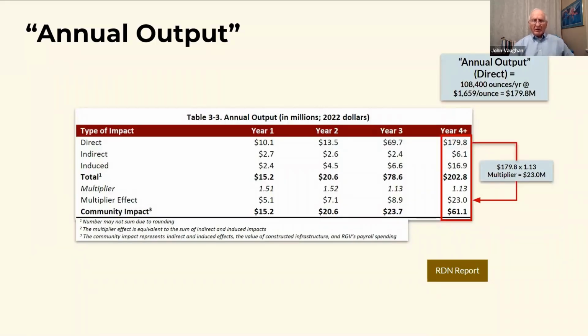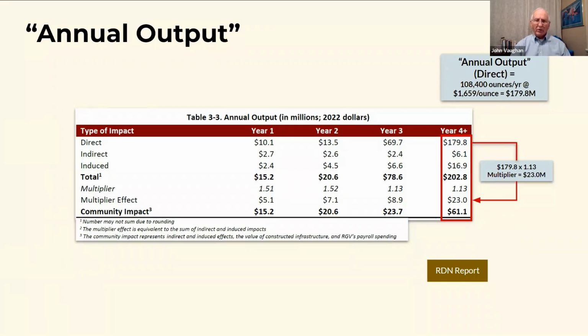This is directly from the RDN report, the annual output. We're going to talk about the numbers in the year 4 column, which represent the first year of full production. The direct item of 179.8 million is total revenue generated from 108,400 ounces of gold a year at $1,659 an ounce.